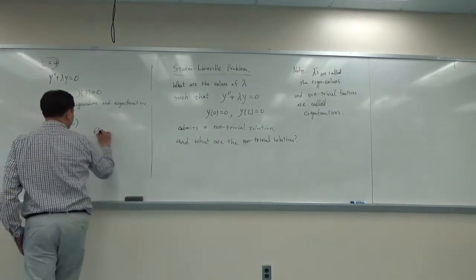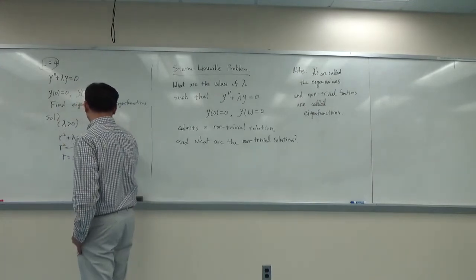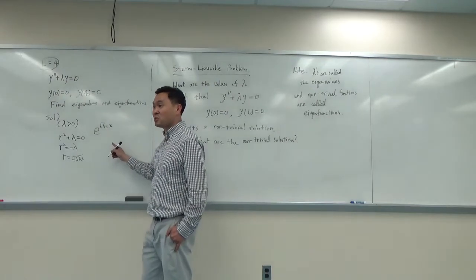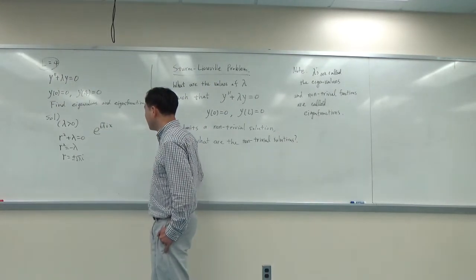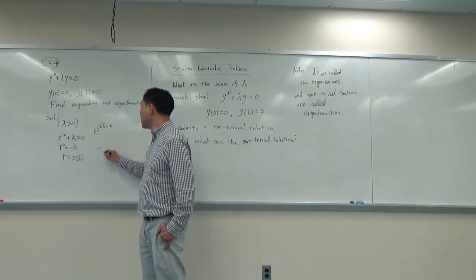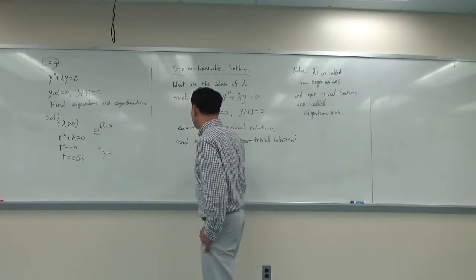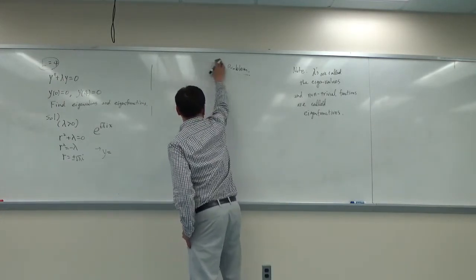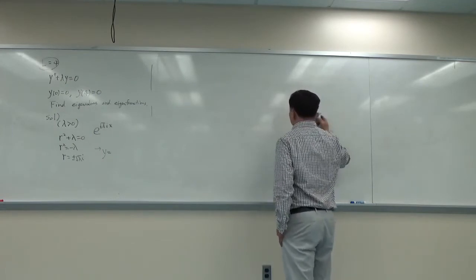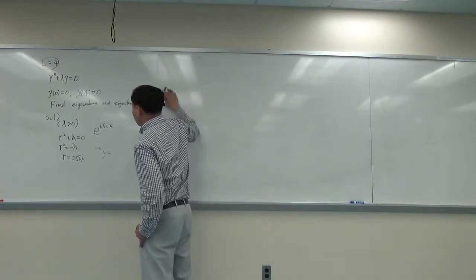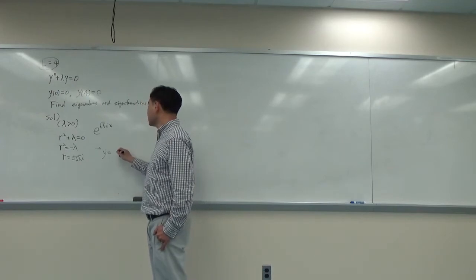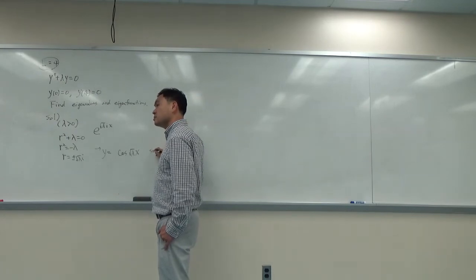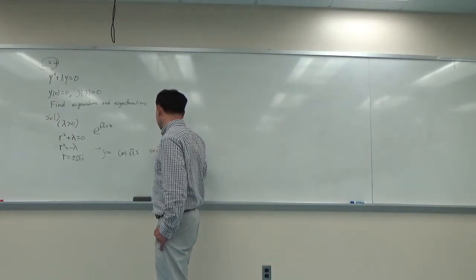So that your solution is e to the square root of lambda i x. Oh, but there's an i in the exponent, so what should really be the solution? y should equal to... take a guess. Exactly, right?